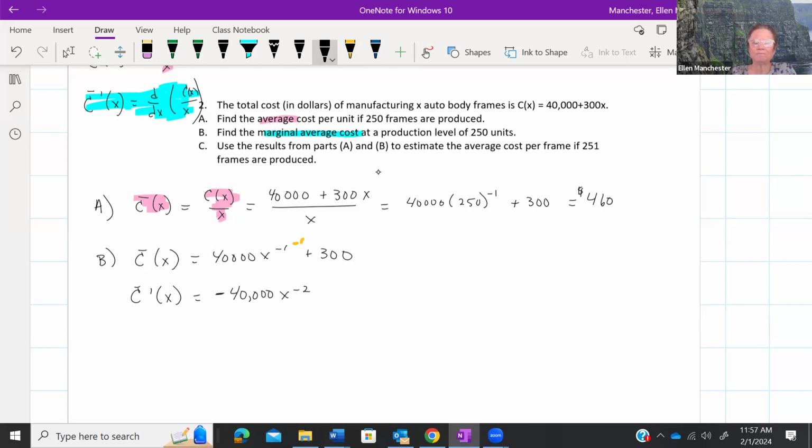Okay. So now you're set. Now you have your marginal average cost. And now you can find out what it costs with 250. How is it changing? So go ahead and do that and then plug it into the chat.